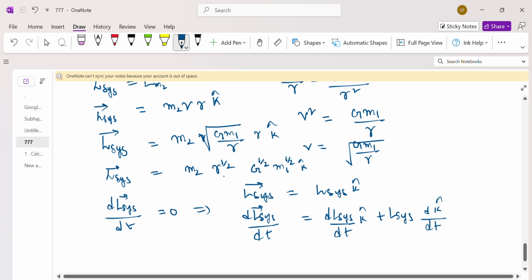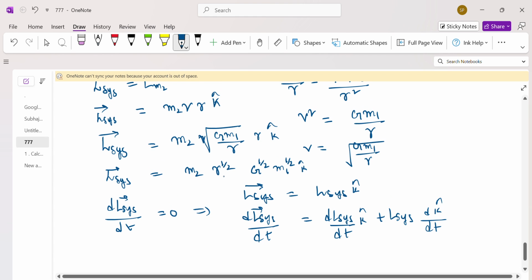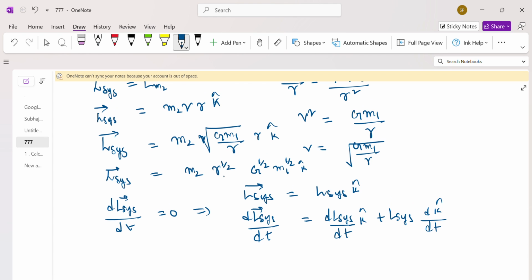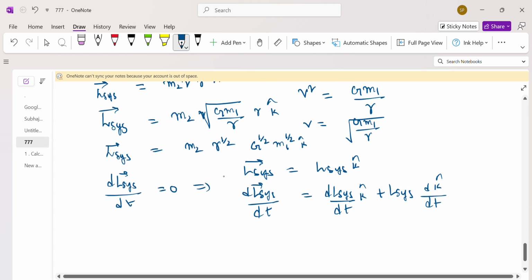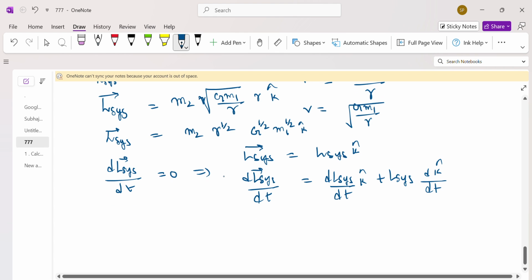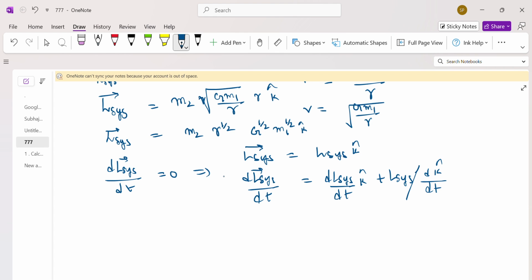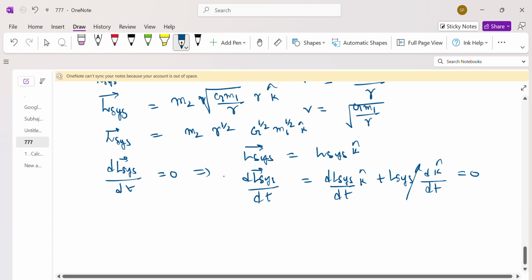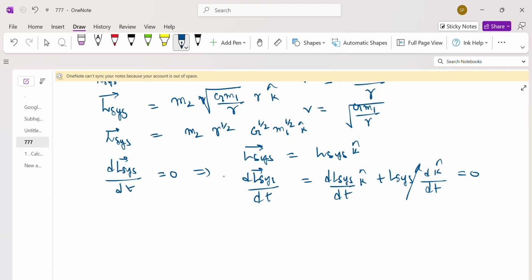This is a classic situation where the vector could also switch direction, and that would introduce a derivative of k hat. But that term is 0 here because k hat is not changing. The angular momentum is pointing in one direction, so you can just get rid of this term.